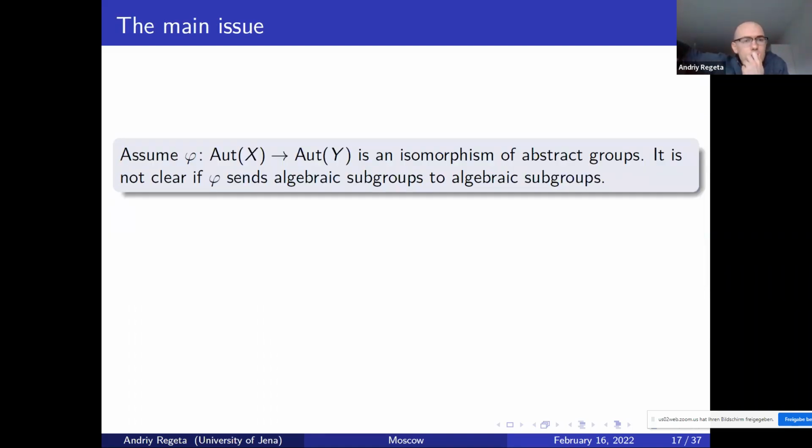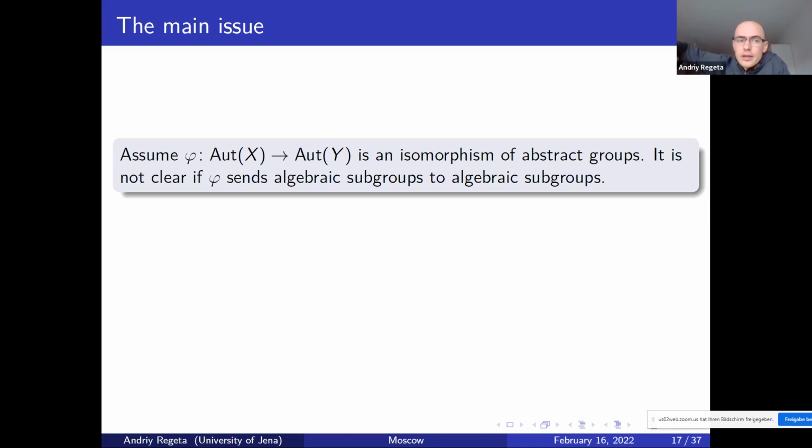Now, what is the main issue which we face for this abstract group isomorphism from Aut X to Aut Y? X and Y are affine here as always, and phi is an isomorphism of abstract groups. Assume X is toric.